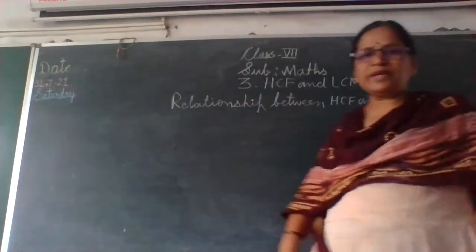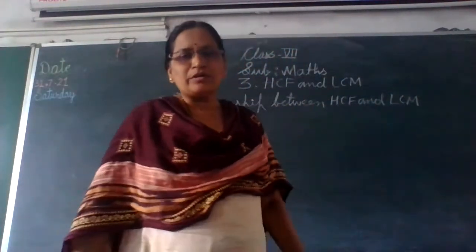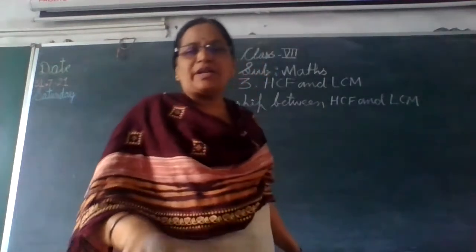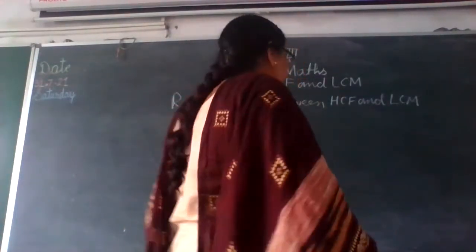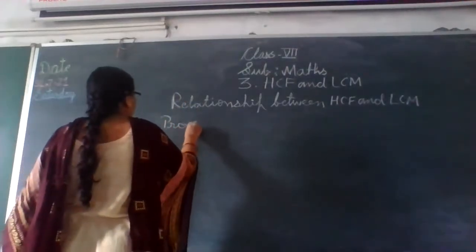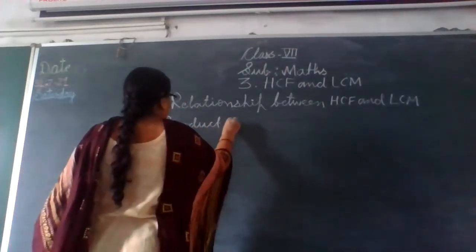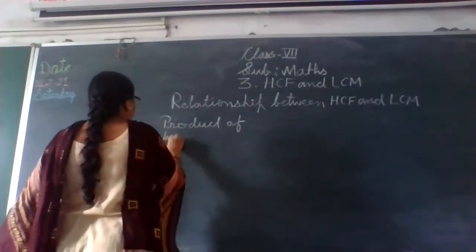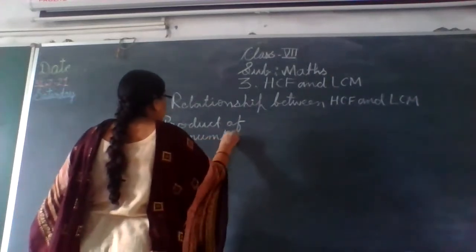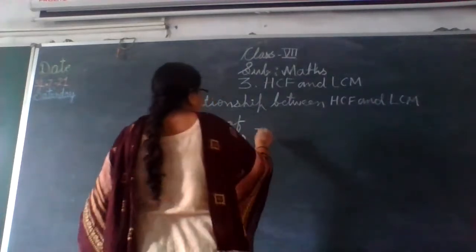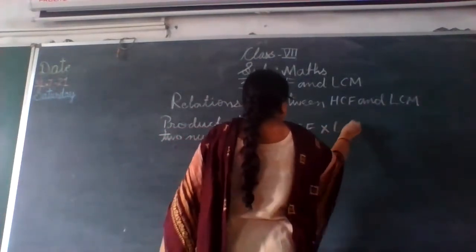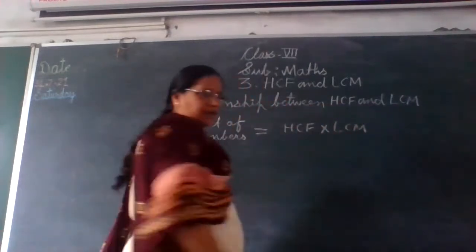So what is the relationship between HCF and LCM? The product of any two numbers is equal to the product of their HCF and LCM. Product of two numbers is equal to the product of their HCF and LCM.